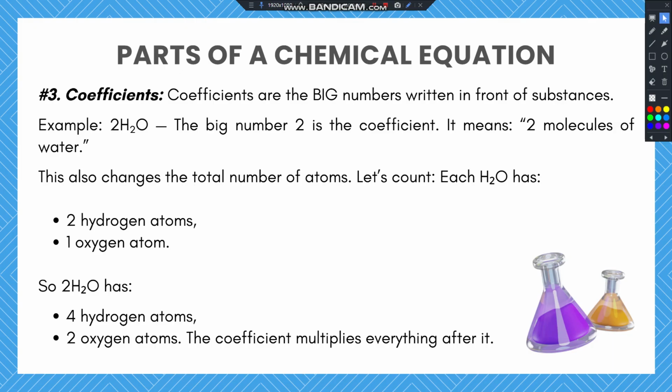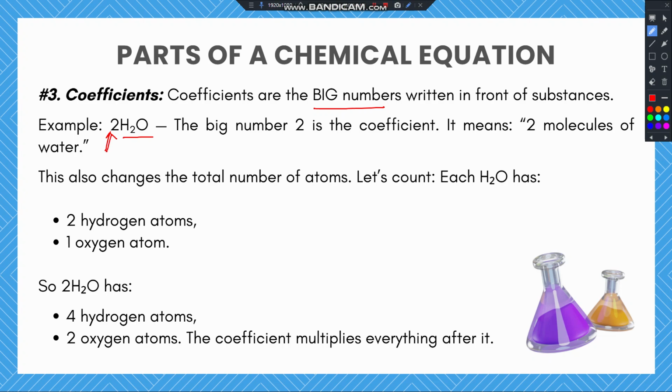Next up is a coefficient. What exactly is a coefficient? A coefficient is a big number written in front of substances. The coefficient simply tells us the number of molecules that are present. So for example, we have H2O. You can see a big number 2 written in front of the H2O.